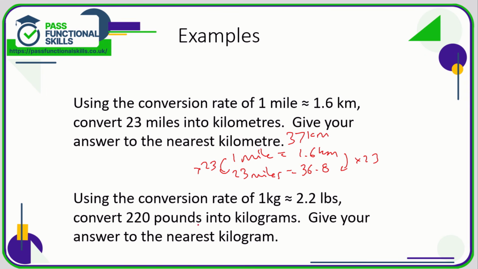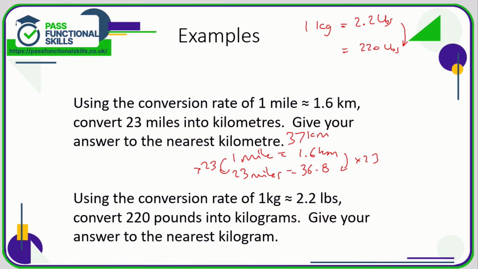Now the second one is much more challenging because I'm kind of running out of space here. I'll just write it up here. So 1 kilo equals 2.2 pounds, and we want to work out 220 pounds. Now the difficulty is we don't really know how many times greater 220 is than 2.2. So what we can do, 2.2 multiplied by something gives us 220.